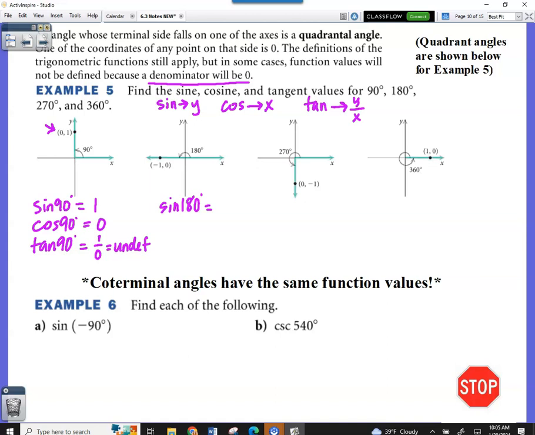It would be -1, 0. That's where your answers come from here. So this is your coordinate point, -1, 0. That's what you would have to know, okay? So sine is the y coordinate, cosine is the x coordinate, tan is y over x. And in this case, you get 0 for tan.